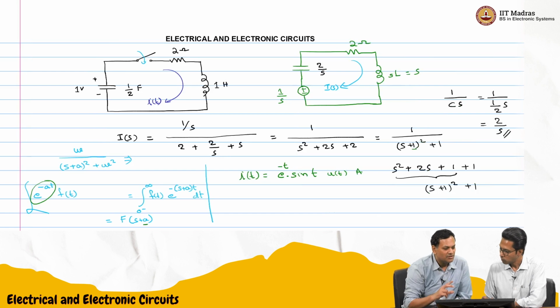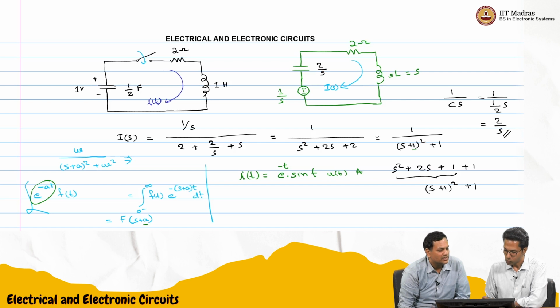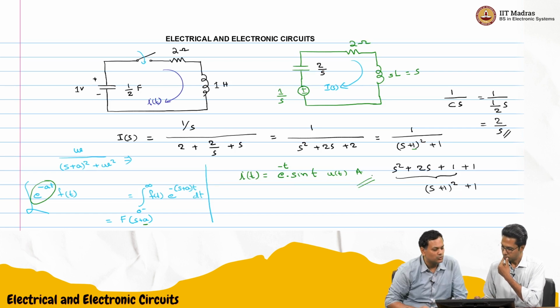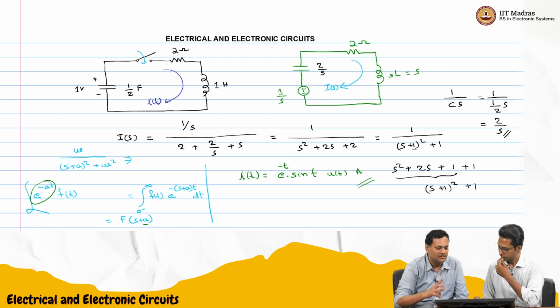But the amplitude, I suspect, let's check whether we have made a mistake somewhere. 2 by s, current is 1 by s by 2 plus 2 by s plus s. I think this is correct. I'm just wondering whether we have made a mistake when we set R to 0. The frequency seems right. The amplitude also seems right.